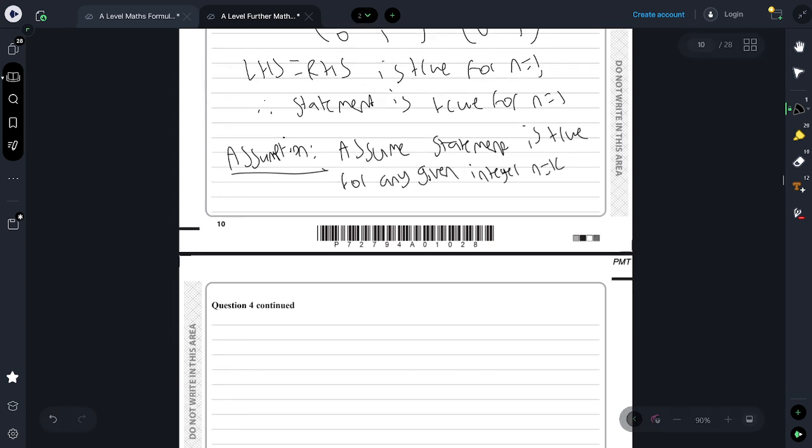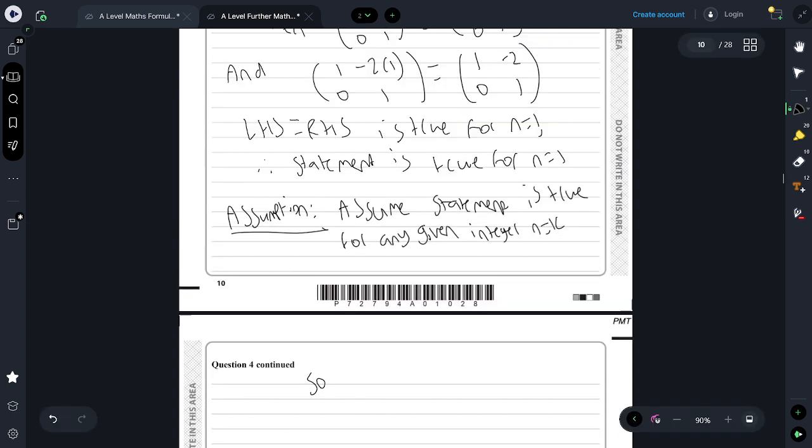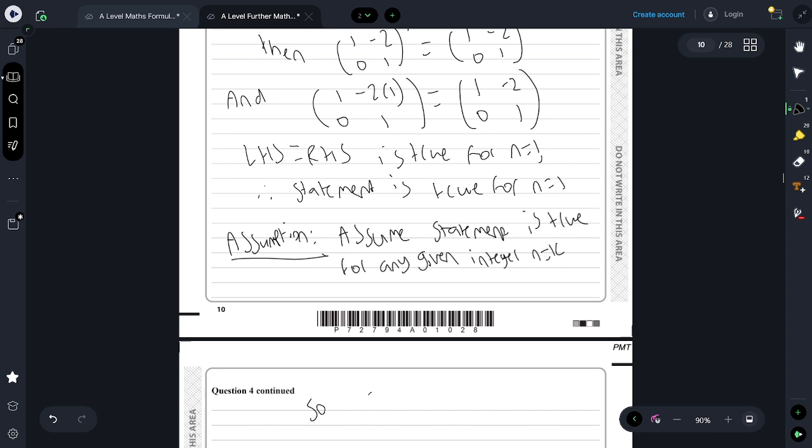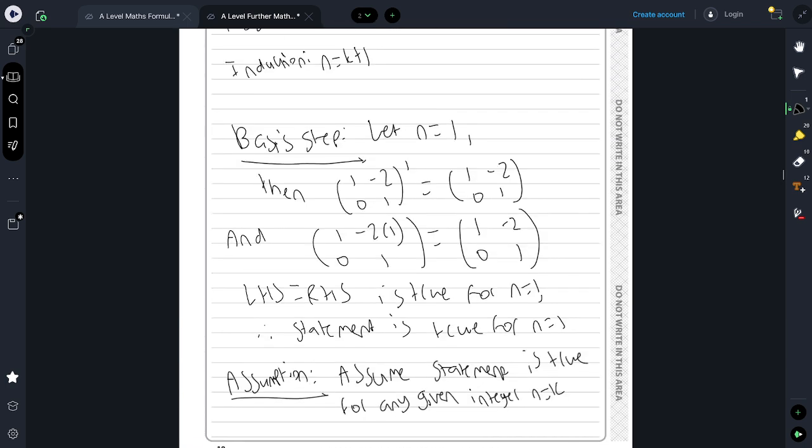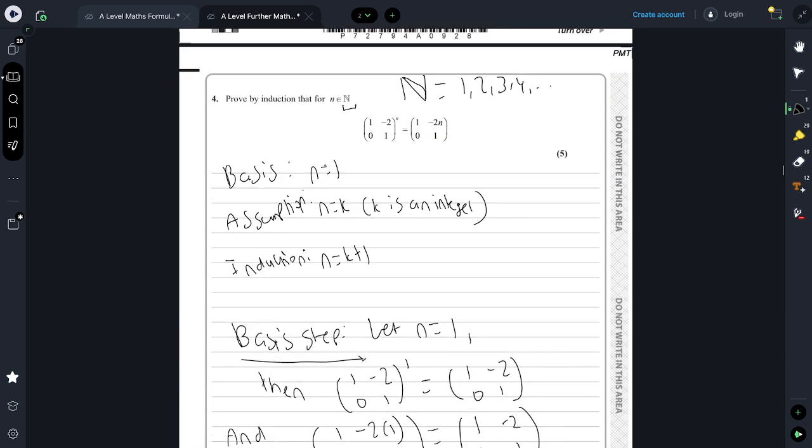What does this mean? Well, so the matrix here, 1 minus 2, 0, 1 to the k is 1 minus 2k, 0 and 1. Is true. So this equation holds, right? For this given integer k, that's our assumption.